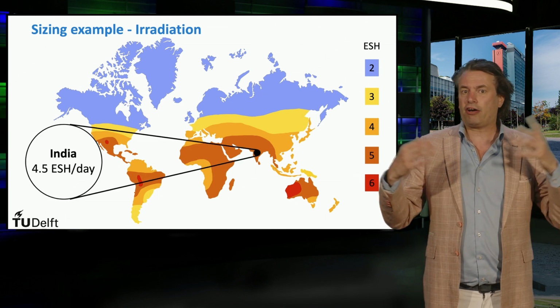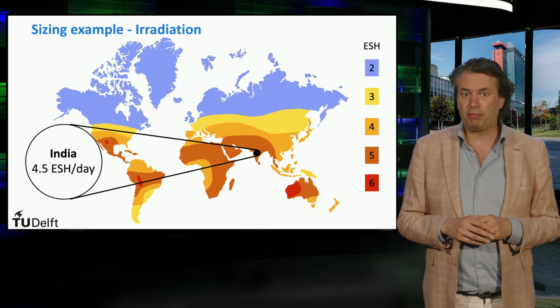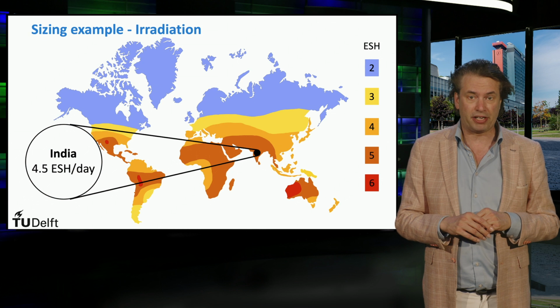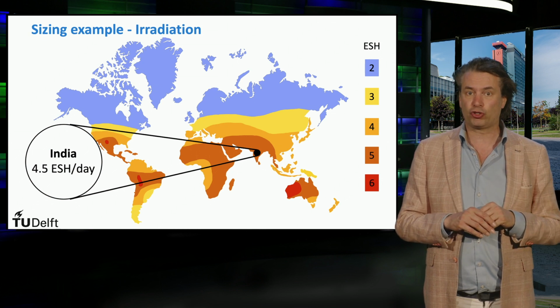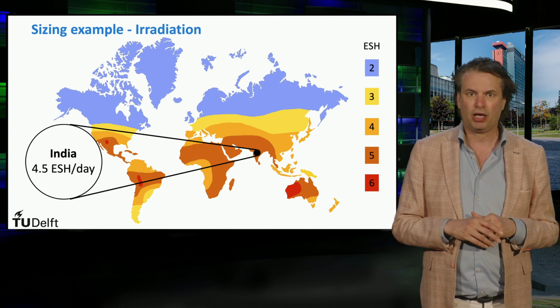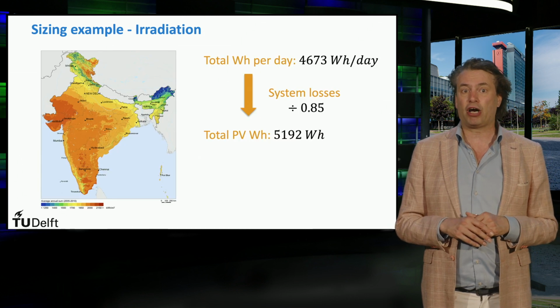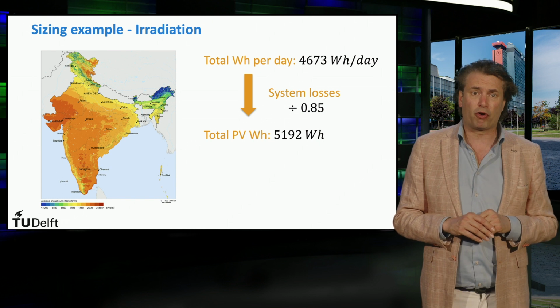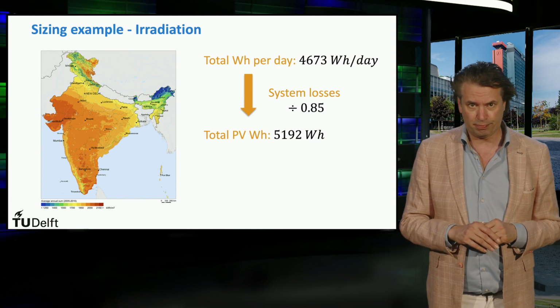We can gather from this figure, for example, that a horizontally inclined panel in India receives approximately 4.5 equivalent sun hours per day. Once the number of equivalent sun hours is obtained, we can determine the total required output power of the PV system array.